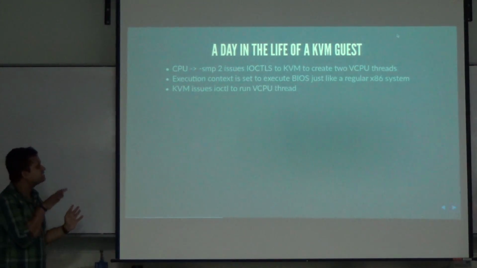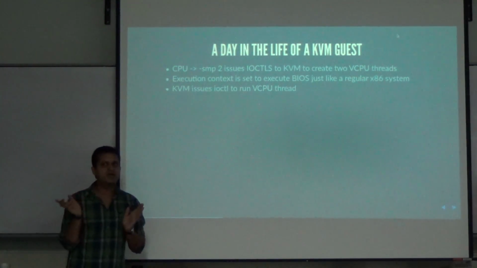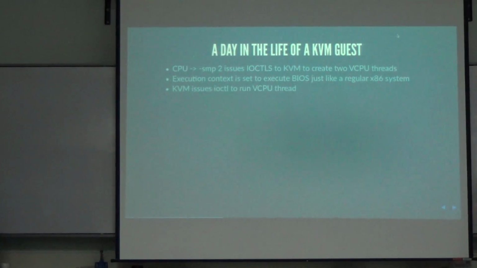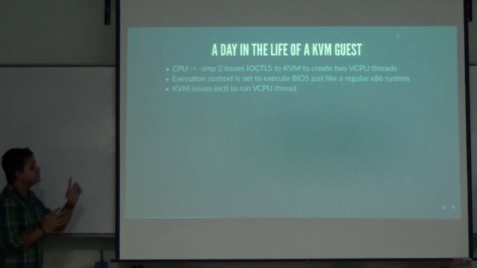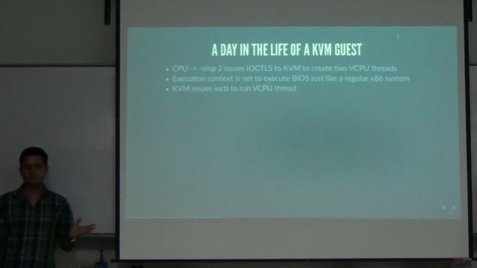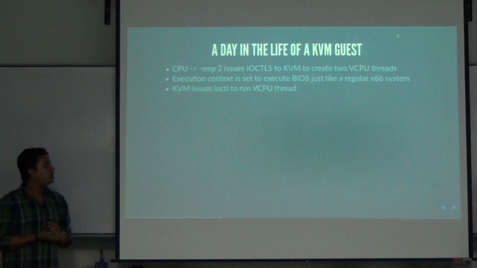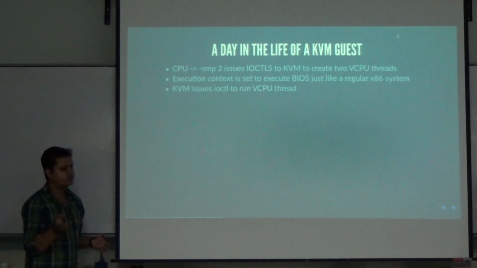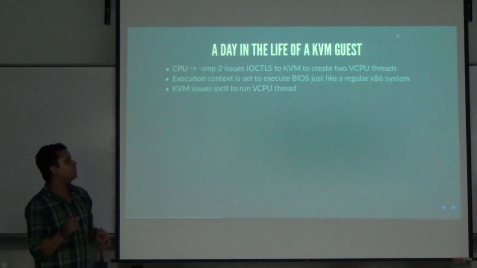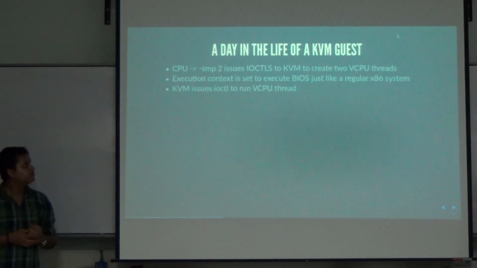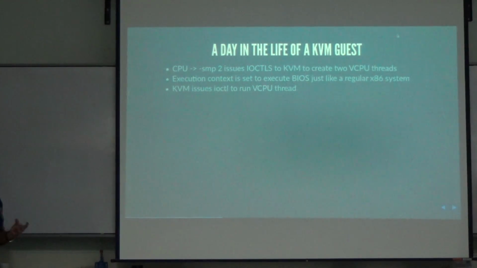And then once everything is set up, the KVM run that I showed you in the previous slide is actually called, so that these vCPU contexts that were created are actually used to run whatever code you give to them in guest mode. In this case, it's Qemu giving the address of the BIOS in the guest to start executing, just like you would do on any x86 system. And that's how the guest runs.